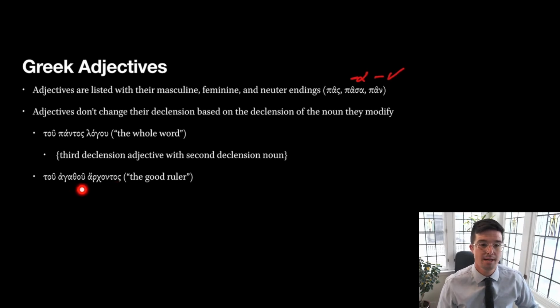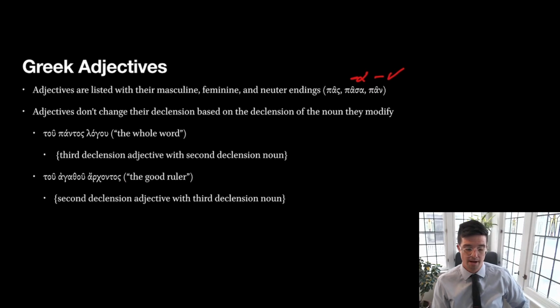And the u is second declension genitive masculine singular. And once again, the tu at the beginning, the definite article there, is always going to be the tried and true way to find the parsing information for a word that may not necessarily look as you might expect it to look. So this is a genitive masculine singular. This is a genitive masculine singular, even though they look different from one another. A second declension adjective with a third declension noun.